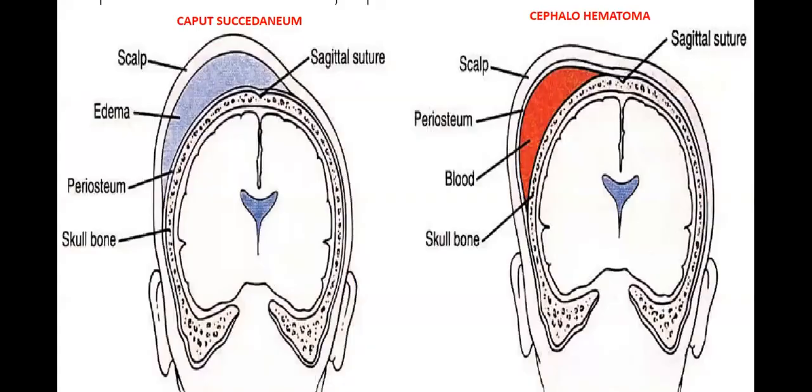There is a difference between caput and hematoma. Caput is limited within the skin; hematoma is under the periosteum and above the skull bone, between the periosteum and skull bone. Caput crosses the suture line, and hematoma does not cross the suture line.